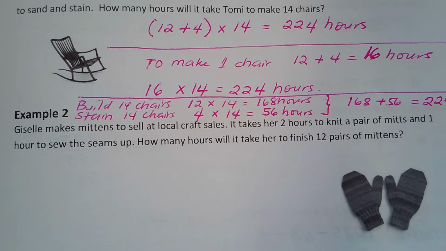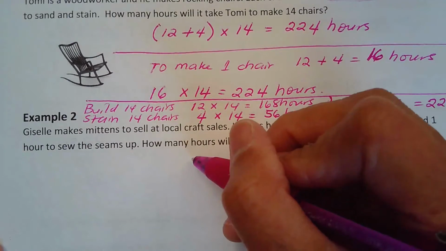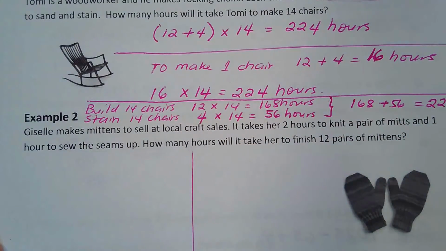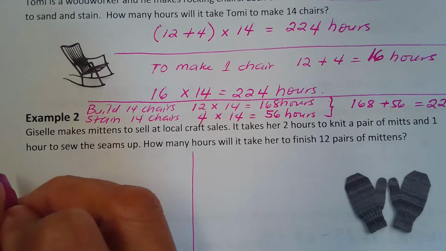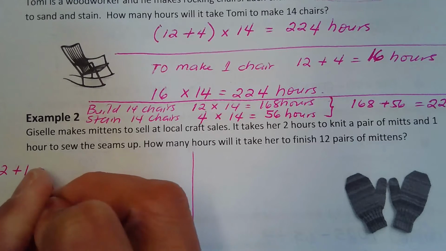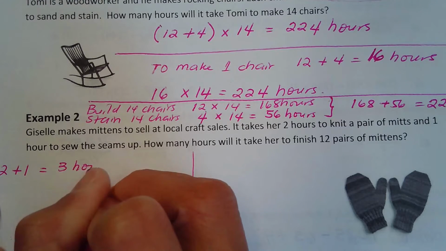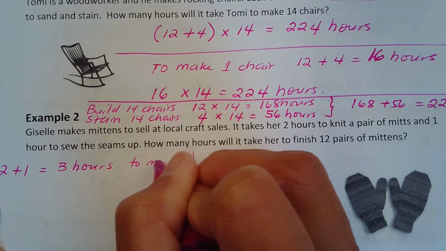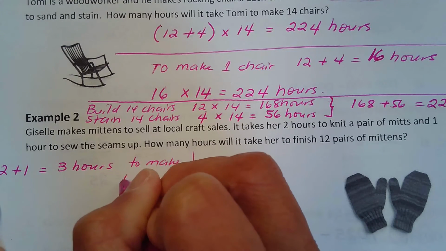How many hours will it take to finish 12 pairs of mittens? 36. Okay, so what can we do? 2 different possibilities. What we could do is we can say, hey, I can go 2 plus 1 equals 3 hours, right? 3 hours to make 1 pair.